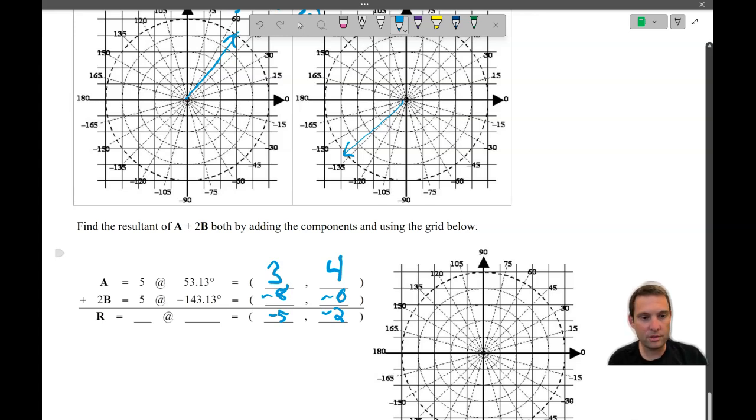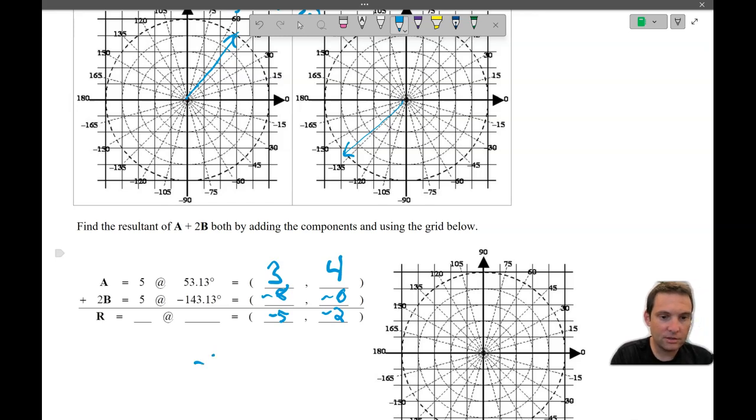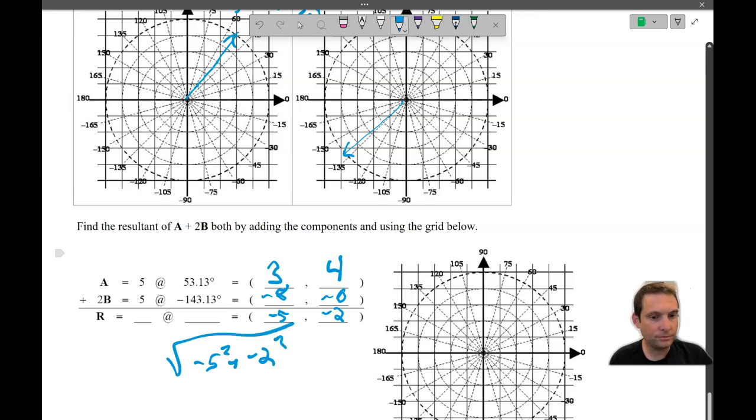So we have our components. Let's add them together to find our resultant. So negative 5 squared plus negative 2 squared, and the square root of that.